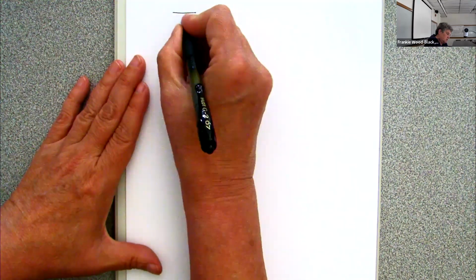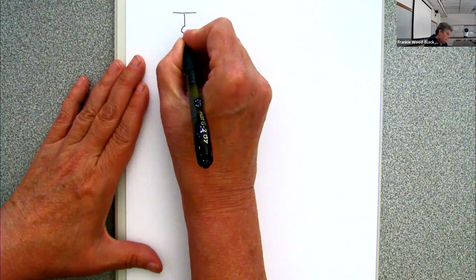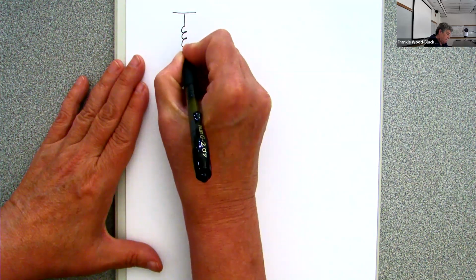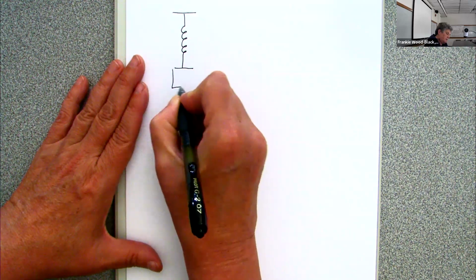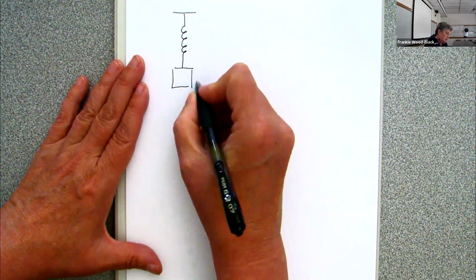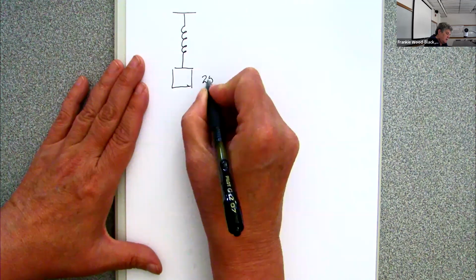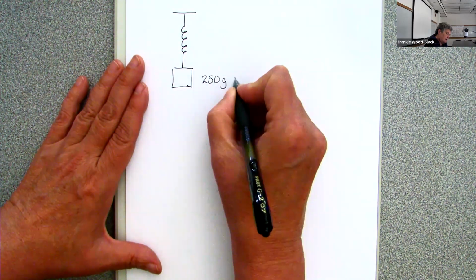So let's calculate a spring constant. So I'm going to start with a spring. And I'm going to put, we'll give it a 250 gram mass.